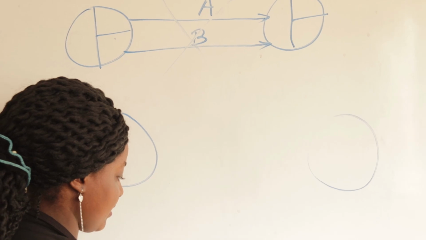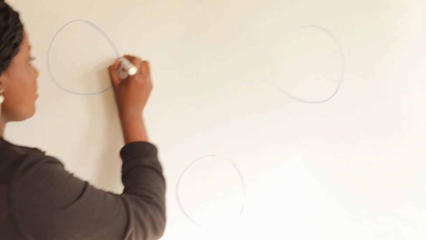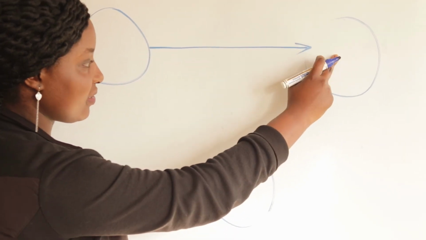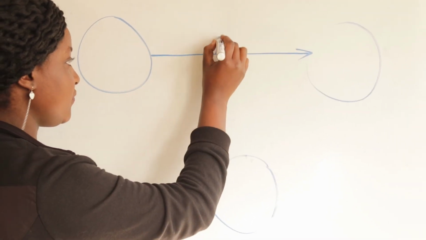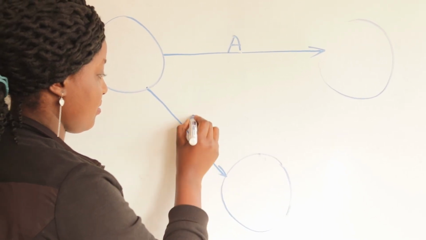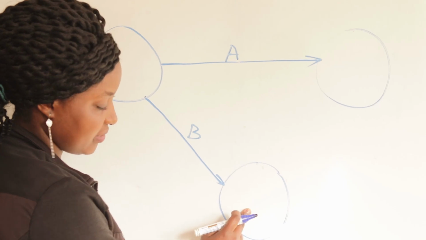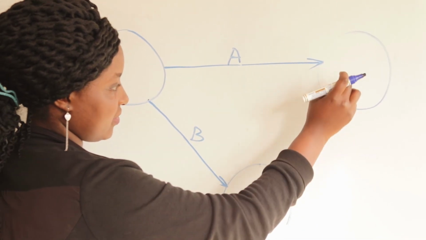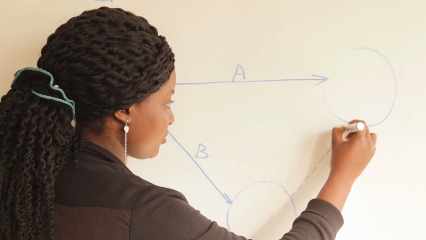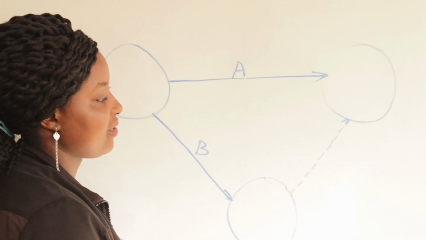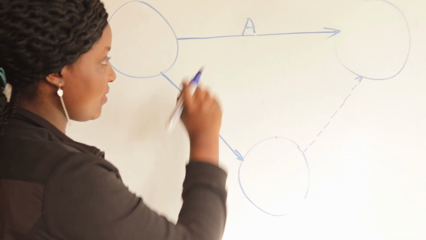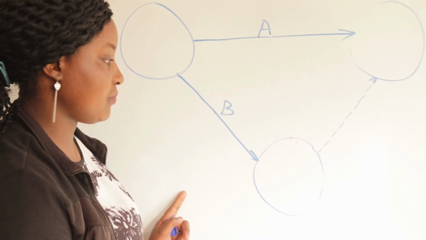To introduce a dummy, I will have a third node. My activity A will go directly to the last node, but my activity B will pass through this third node that I've created, and for it to end here, I will introduce a dummy activity line. This is my B, this is my A, and this is the acceptable way.